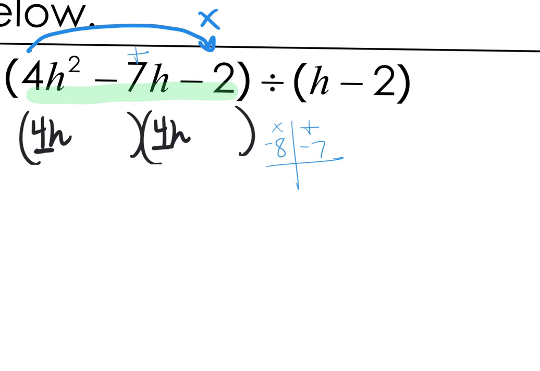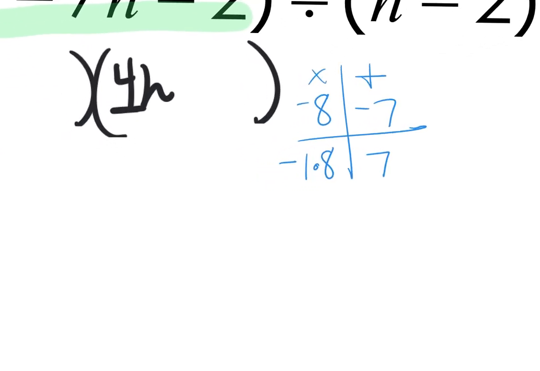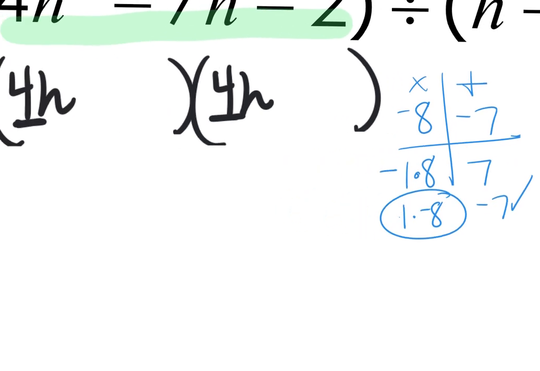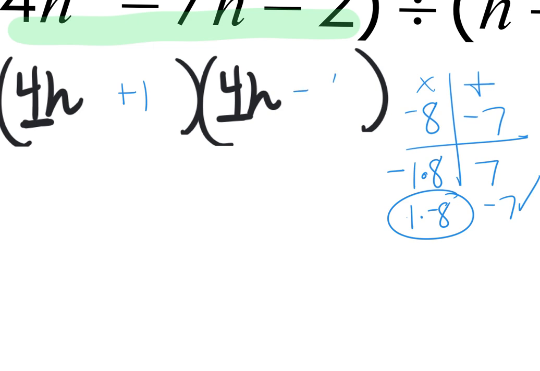Sorry, I can't hear you. Sorry, what is it? -1 and 8. Now that does multiply to -8, but that adds to 7. Switch the signs. How about 1 and -8? That'll do it. So we'll make it a +1 and a -8.